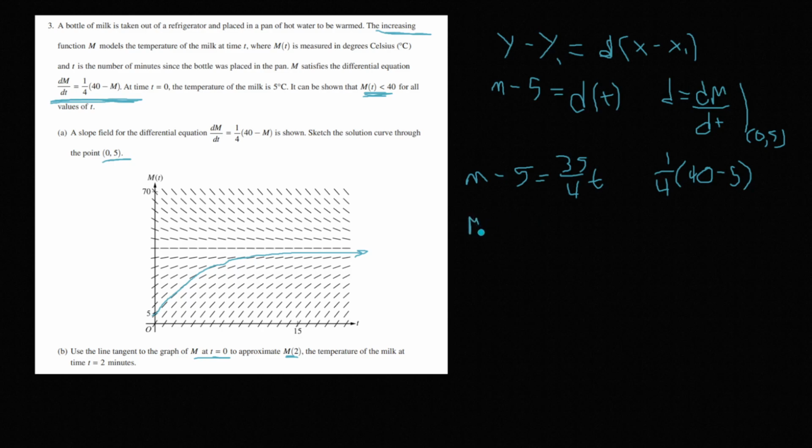So m of 2 is about 35 over 4 times 2, and then plus 5. And this is in degrees Celsius. We could simplify this, but I'm not going to. I'm just going to leave it at that.